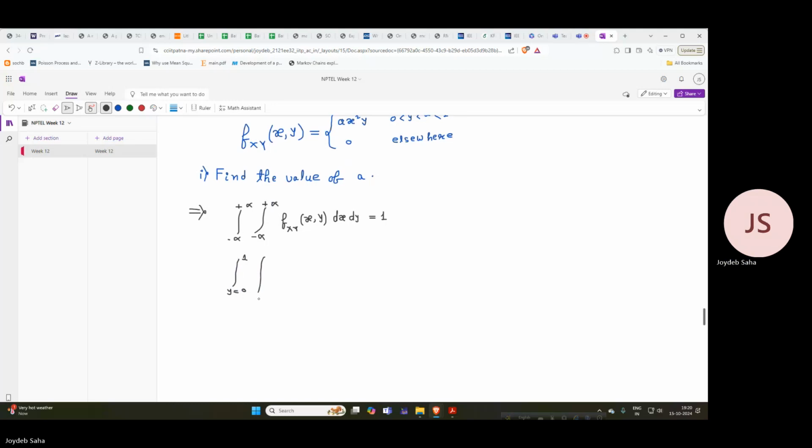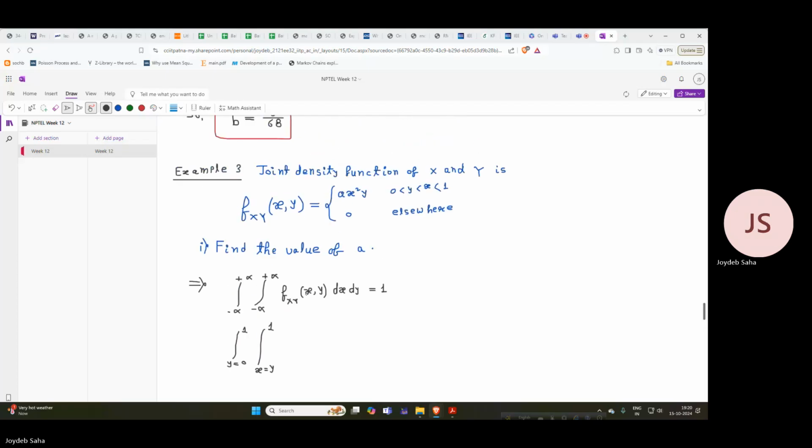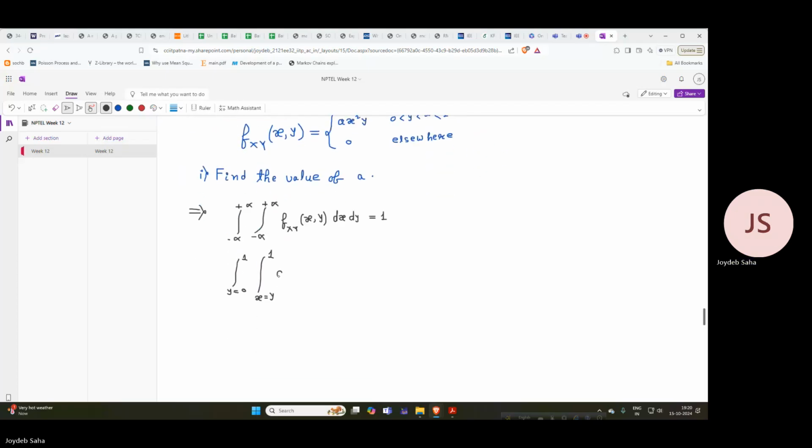So x will start from y and end at 1. A x square y dx dy is equal to 1. Okay.